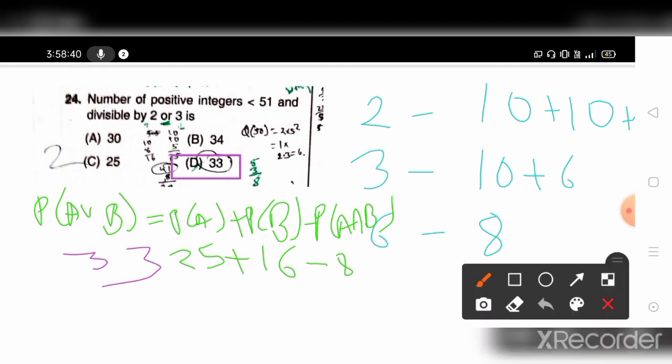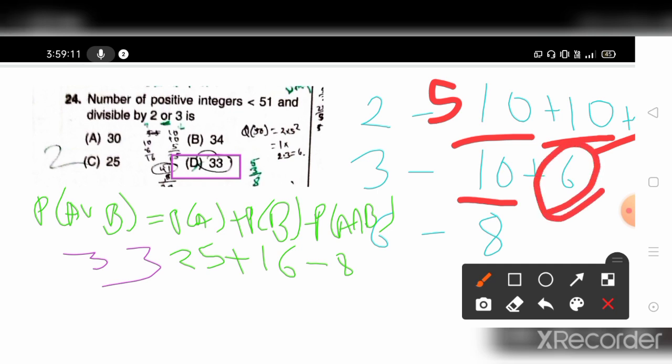For 2: from 1 to 20 only 10 are divisible, from 21 to 40, 10 are divisible, and from 41 to 51 only 5 are divisible. For 3: from 1 to 30 only 10 are divisible, and from 31 to 51 only 6 are divisible. So this is P(A) equal to 25, and this is P(B) equal to 16.